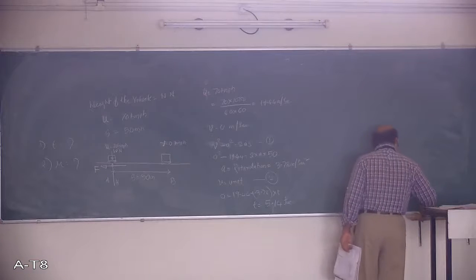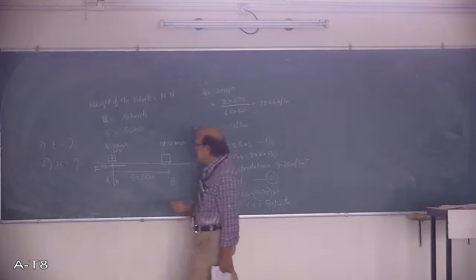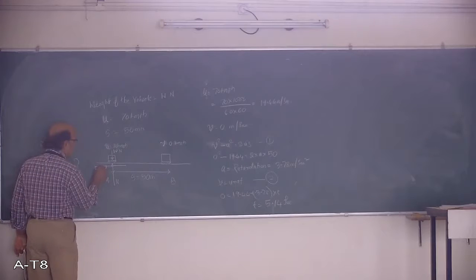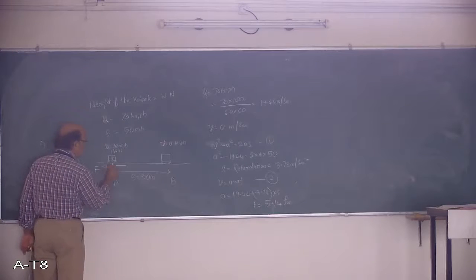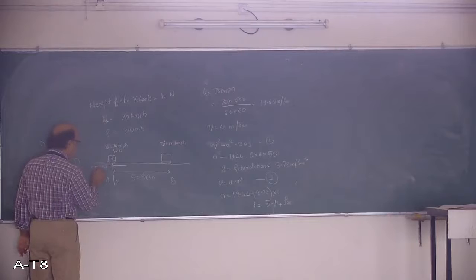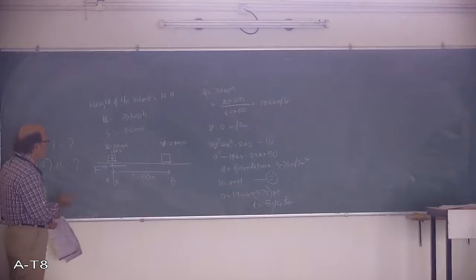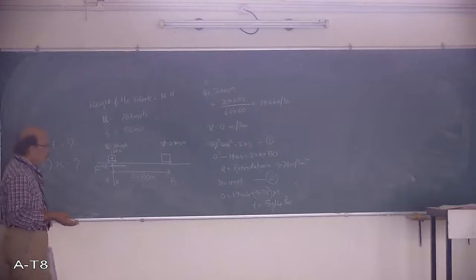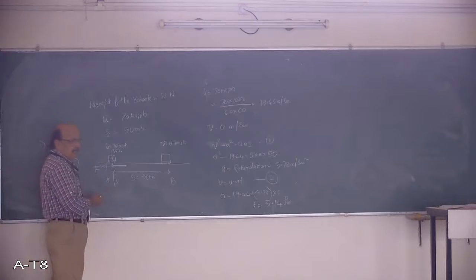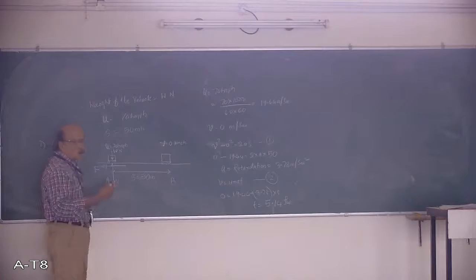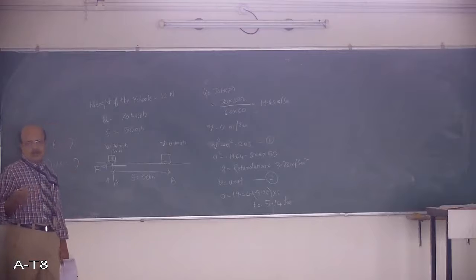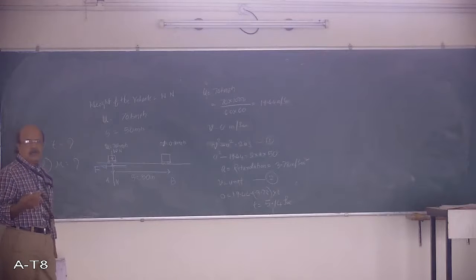I'll show it in some different colors here. This is F. I think you can clearly see this one. F, and these are the forces that will act. In addition to that, there is an inertia force also acting. The inertia force will always be opposite to the direction of the acceleration.